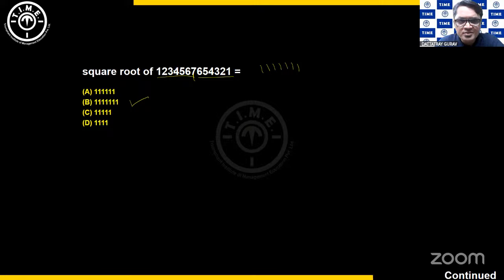If one of the digits is missing, the answer cannot be like this; we may require another method. So for example, the question is asked like this: 1, 2, 3, 5, 4, 3, 2, 1. This is not equal to 1, 1, 1, 5 times, because one number is missing here. This shortcut is applicable, but depending on what numbers are given to you.